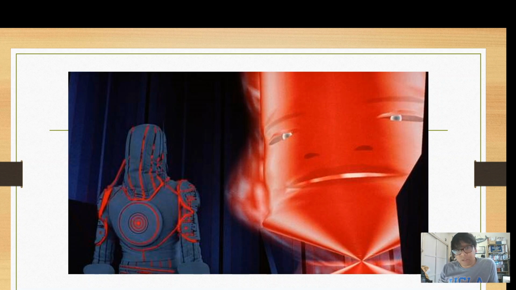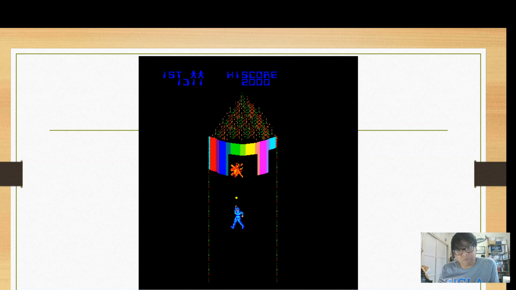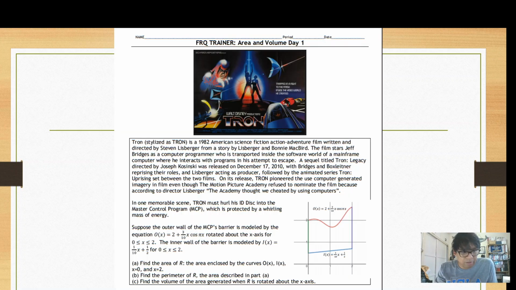So yeah, that doesn't look necessarily inspiring or awe-inspiring, but most people would probably remember this scene from the video game, which looked like this. And here you see our friend Tron trying to blast out the shield that's guarding the MCP. Well, that's really neither here nor there.